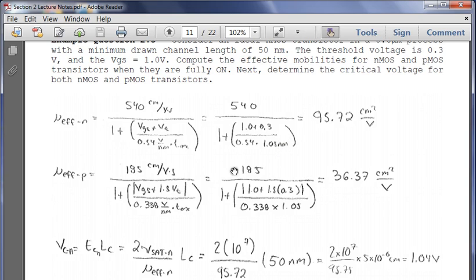Again, we put it in nanometers because the nanometers cancel out, so it's 0.338 times 1.05 nanometers. And then here we have 1.0 plus 1.5 times 0.3, 1.0, of course, being our gate source voltage, and our threshold voltage is 0.3. This comes out to 36.37 centimeters squared over volt-second.